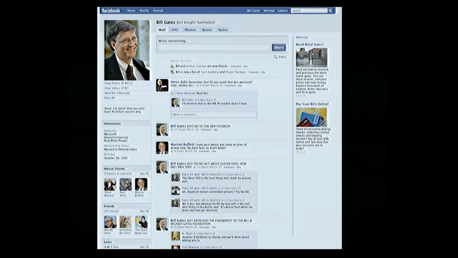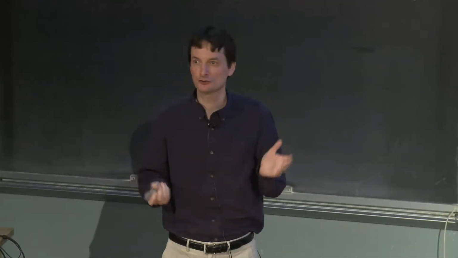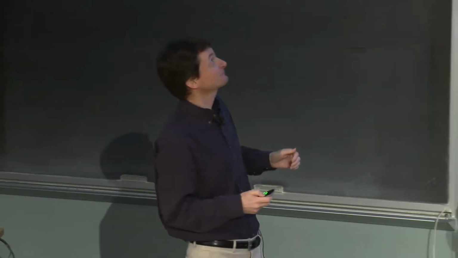But to a scientist, a social network doesn't just mean Facebook. It doesn't just refer to online social networks. It refers to any network that connects people together. It's any network where the nodes are people and the edges are some kind of social connections between people.